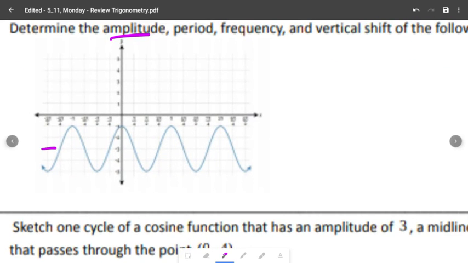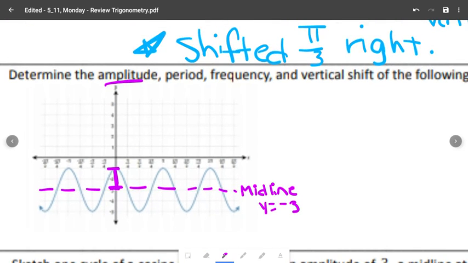So my midline, if I draw it in, my midline is at y equals negative 3. So my height from the midline, it goes up 2 boxes. So my amplitude is 2.